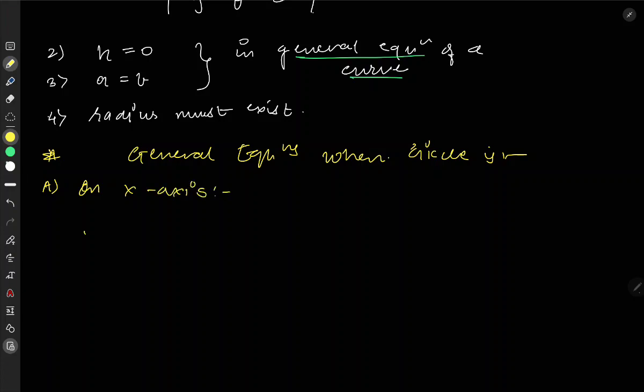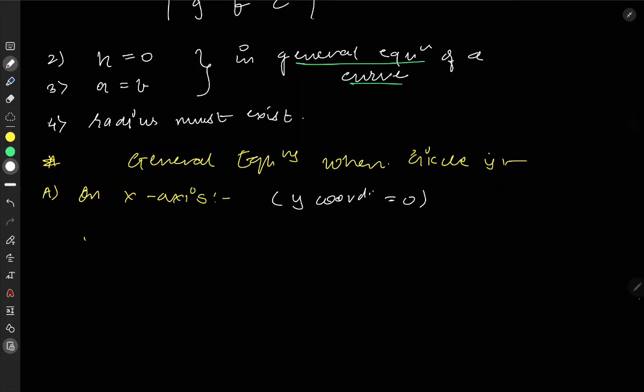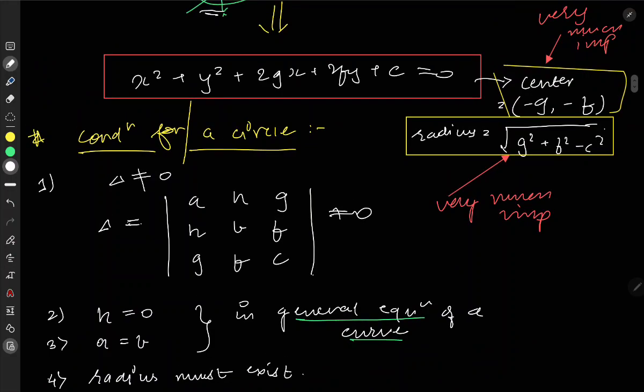So now when the circle is on the x-axis, the y coordinate is equal to 0, and then let us make the y coordinate 0, so this term would get eliminated, then this term would also get eliminated. So let us not write those terms.